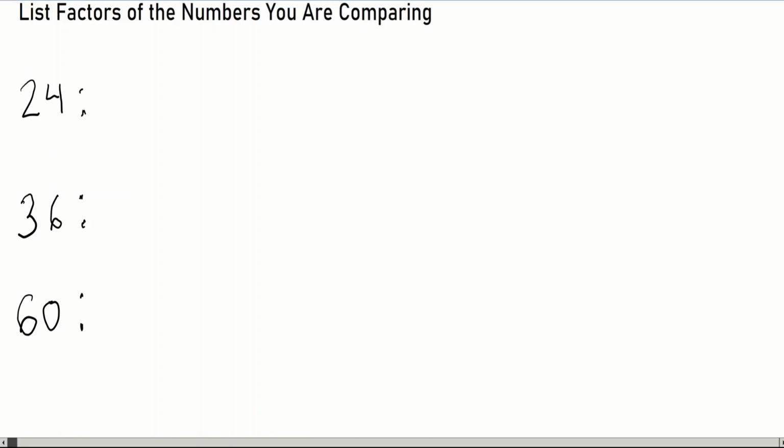Let's first write the factors in pairs for 24. Each of these pairs will multiply to equal 24. So we have 1 and 24 to start with.